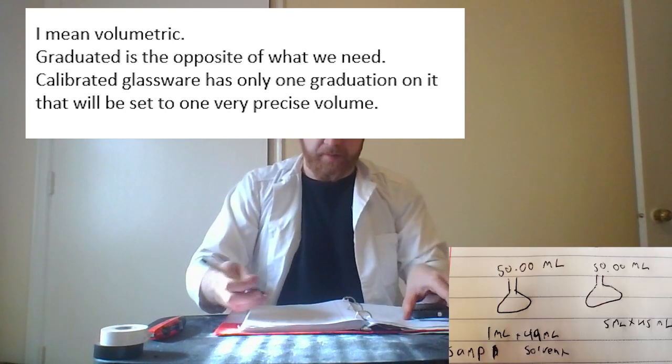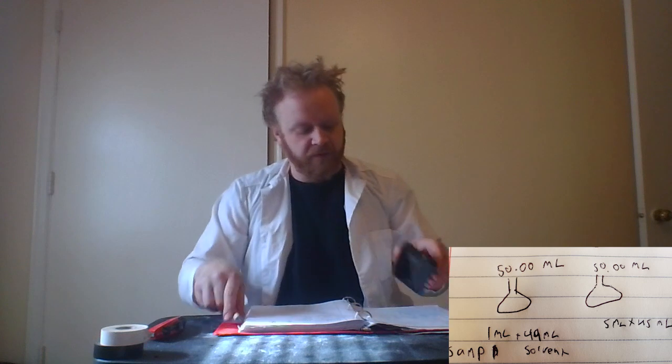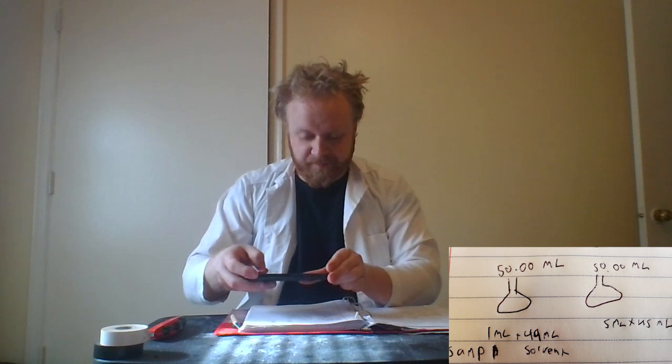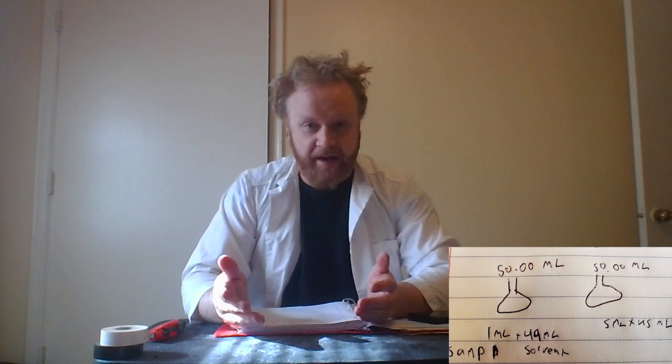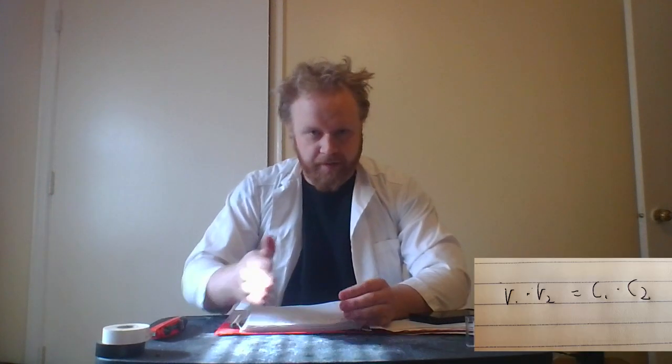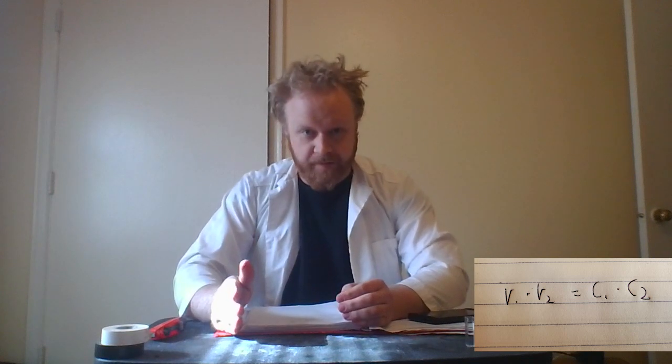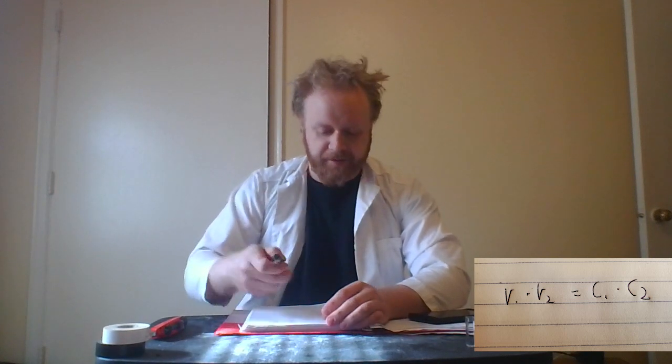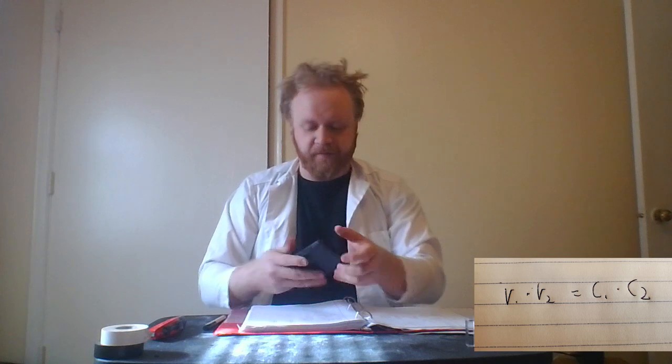So now you know that you have an exact ratio of solvent and sample. From there, you can calculate the exact mass of what you added, diluted, and rediluted using the simple equation C1 times V1 equals C2 times V2.